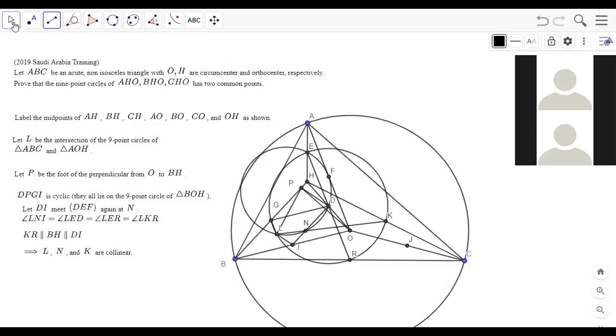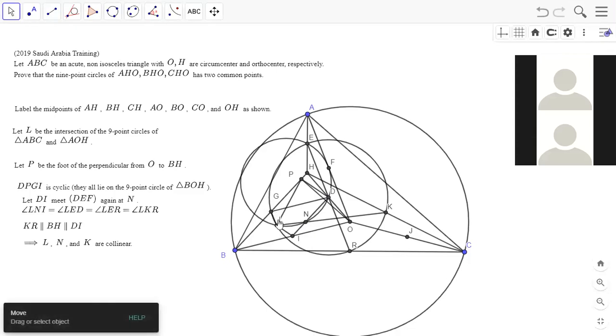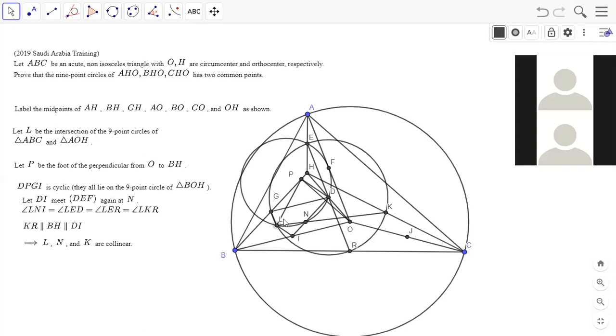So Stefan, what's your idea using the angle chase? No, I just commented on this angle chase. Okay. What was I thinking?